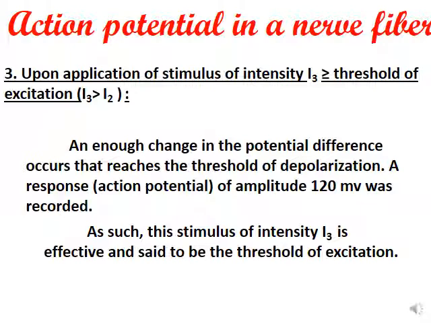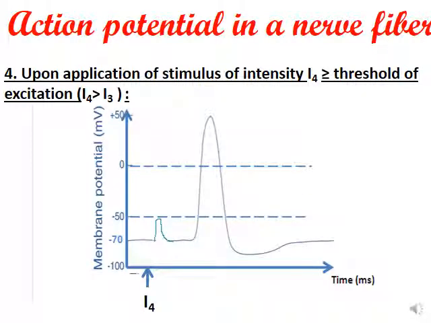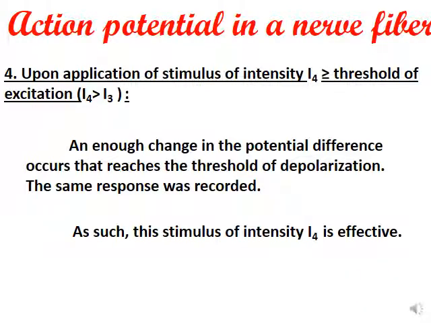As such, the stimulus of intensity I3 is said to be effective, and is said to be the threshold of excitation. While I4 is greater than the threshold and greater than I3, we will have the same action potential. This is called effective stimulation.